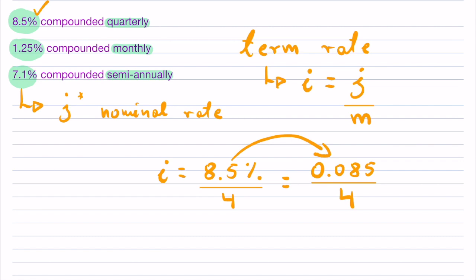So those are equivalent. But the 4 is coming from the quarterly. And I like to just leave it like this. I don't necessarily try to divide it out and then worry about my decimals. So I just keep it like this until I actually have to punch it into calculators.